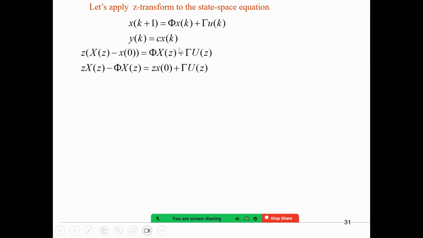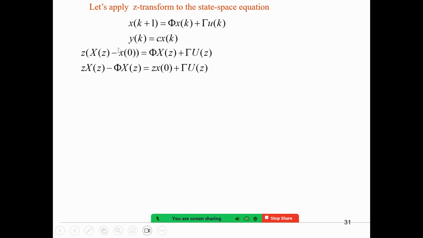This time we want the exact solution, so we need to include the initial condition. When we apply the Z transform on x of k plus 1, it is not only z times X of z, there is also minus z times x0. So we include that. Then the other terms are simple and do not require any shift.